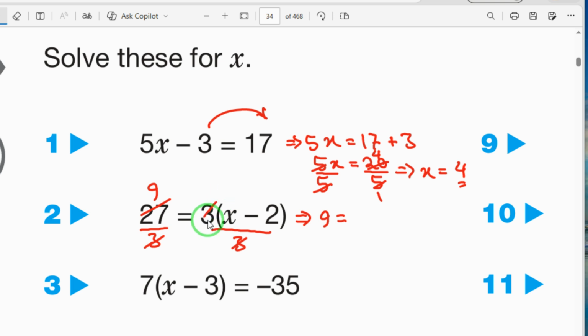We simplify by 3, just only remain x minus 2. Then here we write x equal to 9, and we bring minus 2 to the near of the 9, it becomes positive plus 2. So x is equal to 11. 9 plus 2 become 11.